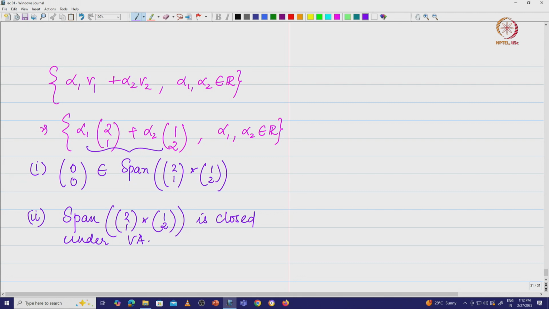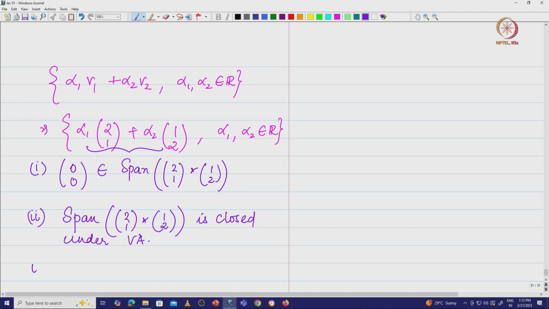Suppose you put alpha 2 equal to 0 and keep changing the value of alpha 1; they are all going to be multiples of the vector (2,1), and that is going to be in the span. And if you put alpha 1 equal to 0 and keep changing values of alpha 2, the multiples of (1,2) will also be in the span.